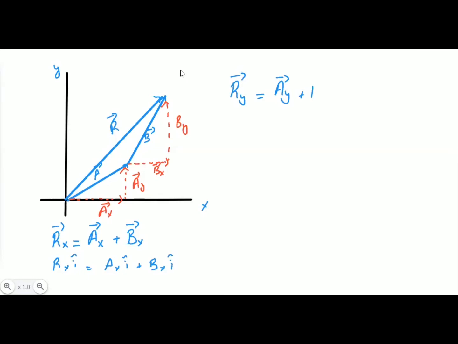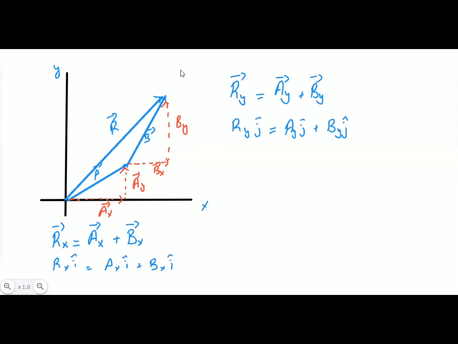So these are the two equations which we can use to find out the components of the resultant vector. These are the two components of the resultant vector R, which are RX and RY.